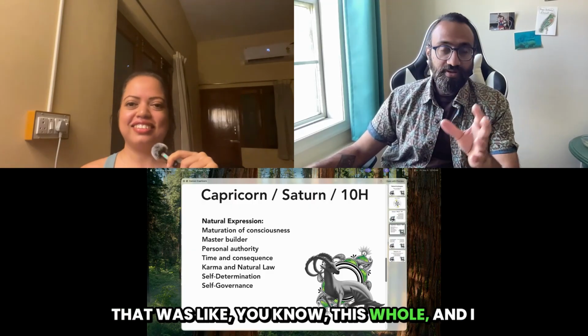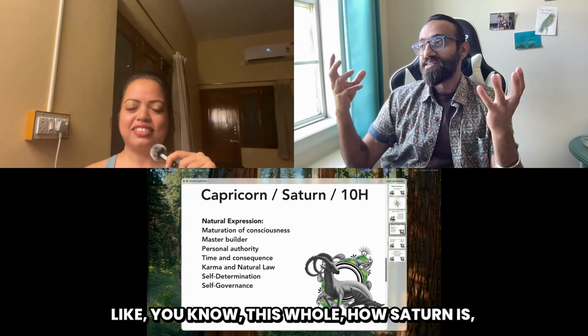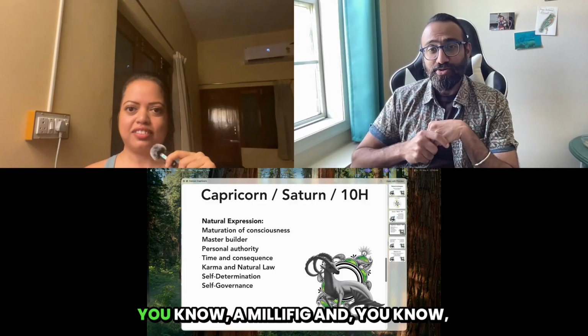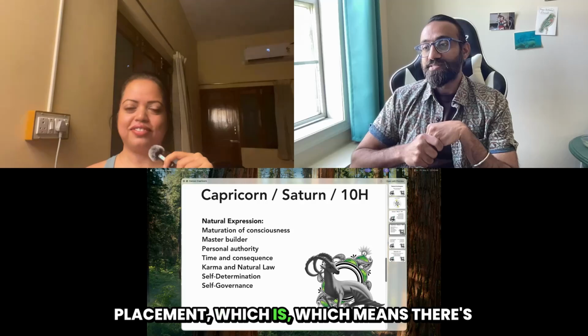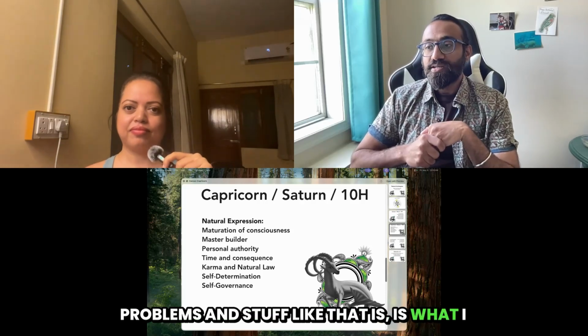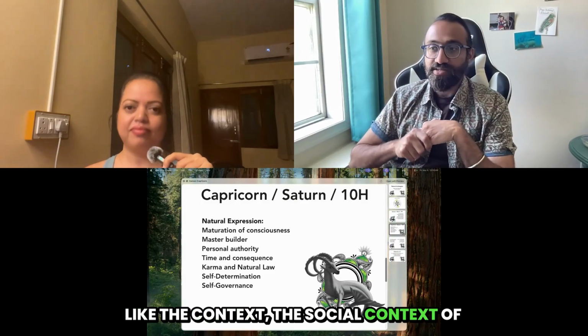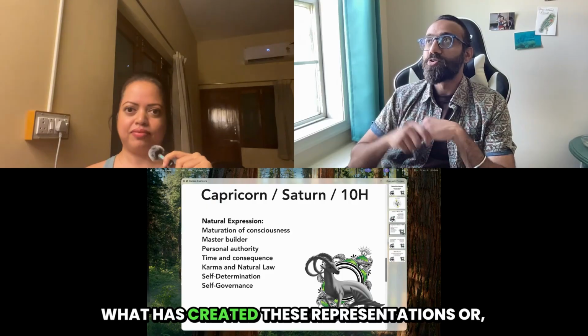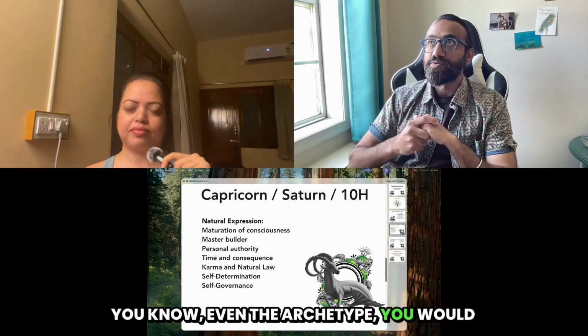I think I'm gonna put a marker here, but this whole idea of Saturn as a malefic placement, which means there's problems and stuff like that, is what I think is so important to talk about here: the social context of what has created these representations, or even the archetype, you would say, right?